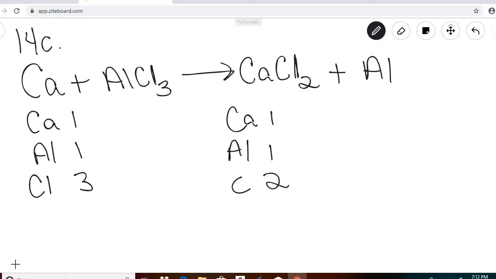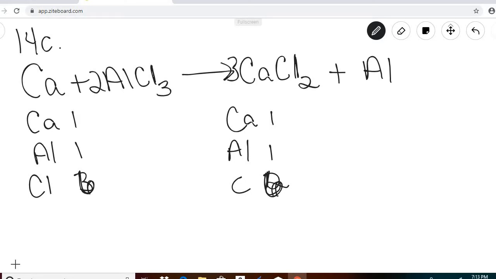So 3 here and 2 here. You have to find something that both of those numbers will go into, and that's 6. So we need to get 6 chlorines on each side. So we'll put a 2 here. That gives us 6 chlorines over here. And if we put a 3 here, that gives us 6 chlorines on this side.